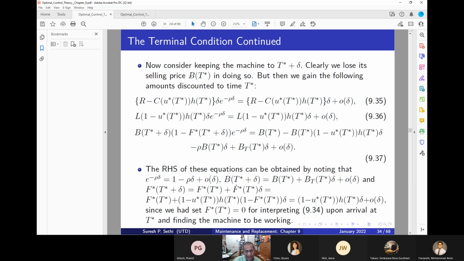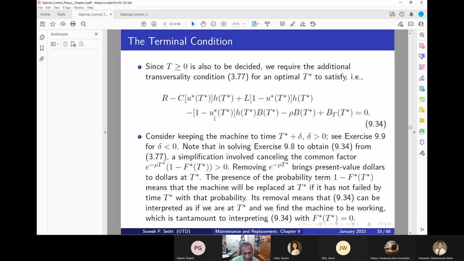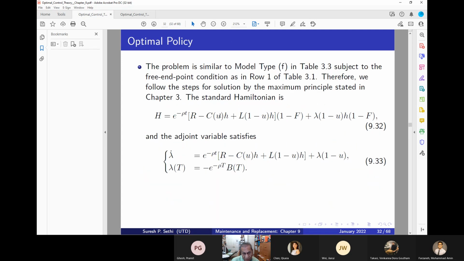So I know that I'm not going to get that, but I will gain. I lose this, but I also gain. What do I gain? Well, the first thing I gain is a little bit more production from the machine in the next delta time. So this is my revenue at that time. If you look at the formula, this is what is going on here, R minus C u, right? This is what's going on.